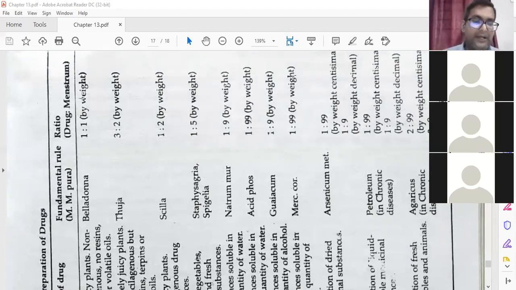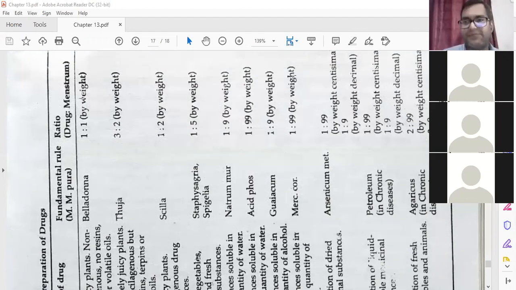Drug power is 1 by 6, already discussed. Medicinal loss is 2 by 3 per cubic centimeter. Duration: how many days do you have to keep? 8 days. Process of potentization is succussion.